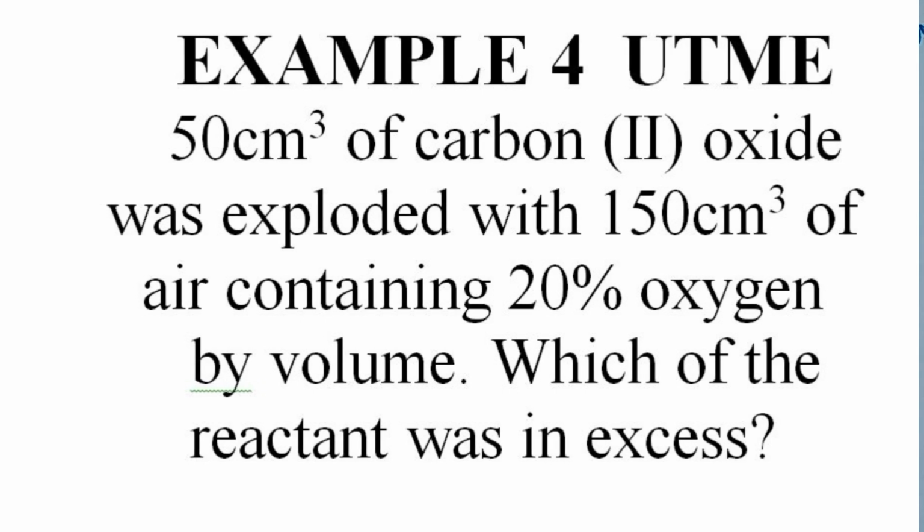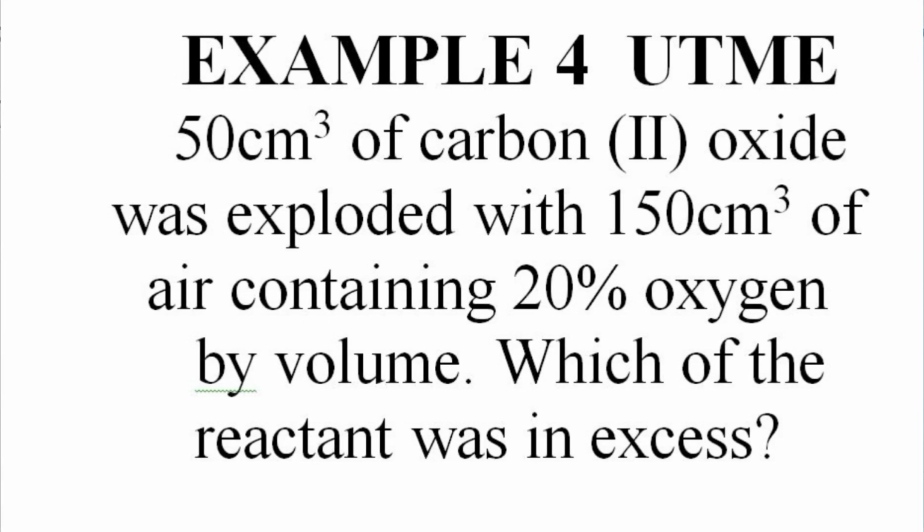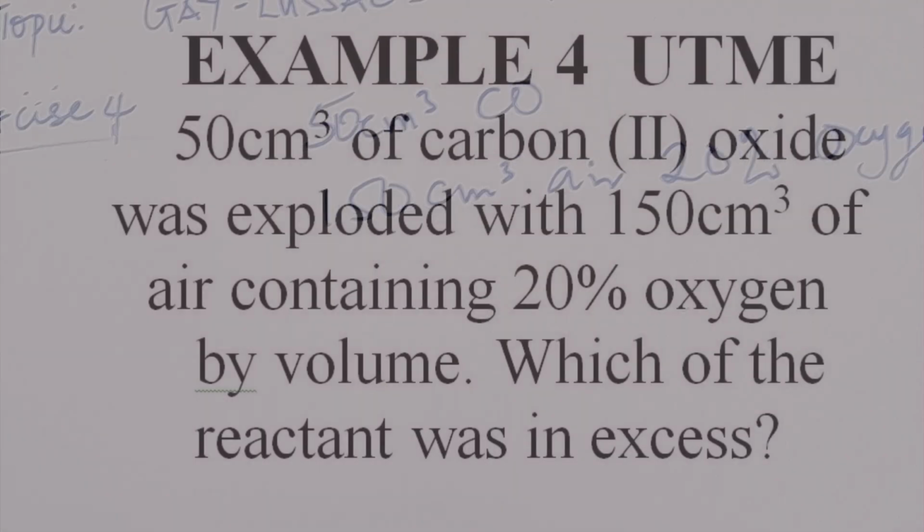This air contains 20% of oxygen by volume. Which of the reactants was in excess? Okay, let's be clear, the first thing is for us to get our equation. I've told you, that's the first thing you need to do.